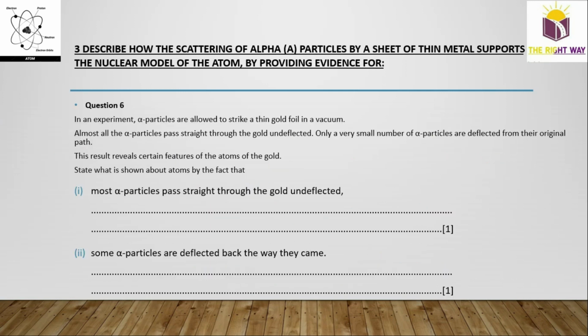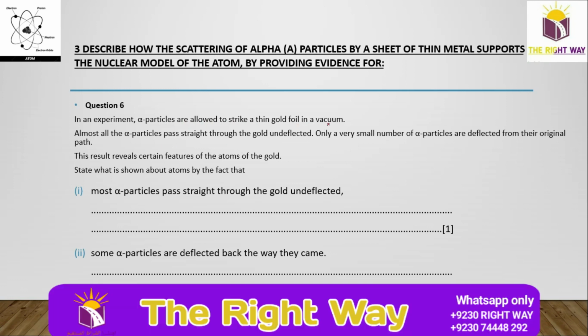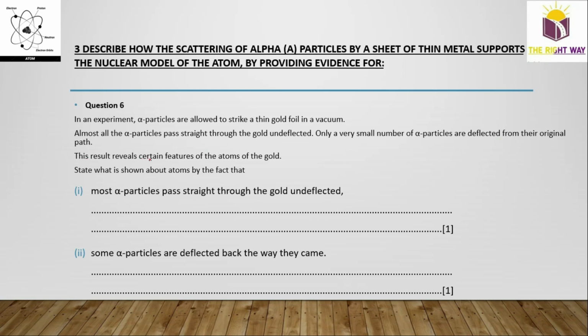Question number 6. In an experiment, alpha particles are allowed to strike a thin gold foil in a vacuum. Almost all the alpha particles pass straight through the gold undeflected. Only a very small number of alpha particles are deflected from their original path. This result reveals certain features about the atom of gold.